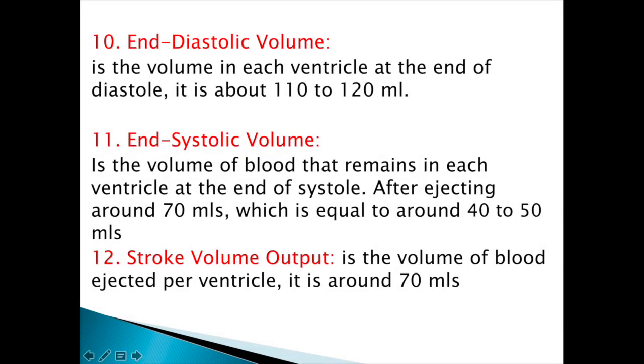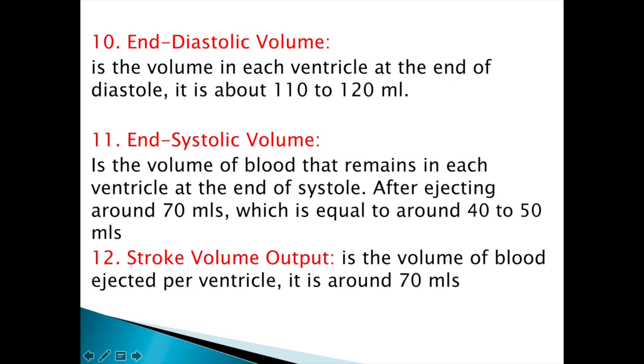Now we'll discuss a few terms like End-Diastolic Volume, End-Systolic Volume, stroke volume, and ejection fraction, which are commonly asked, understood and discussed. End-Diastolic Volume is the volume in the ventricle at the end of diastole. As the name says, at the end of diastole, how much volume is in the heart.